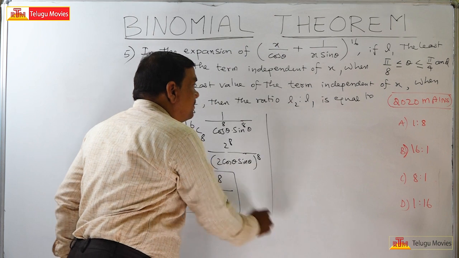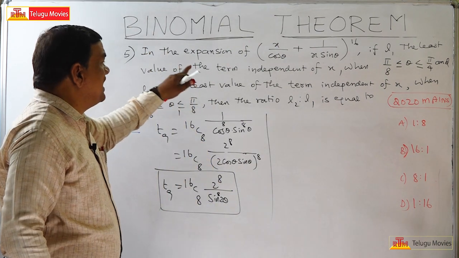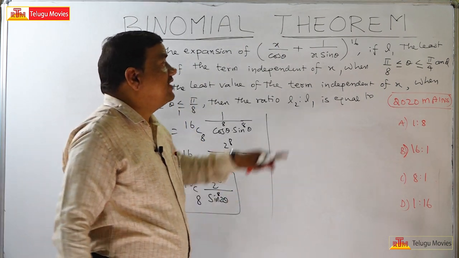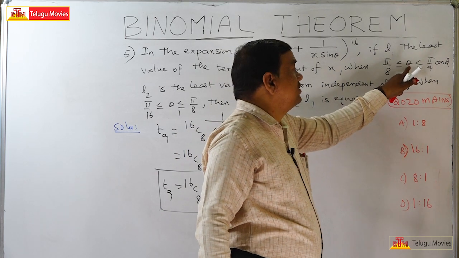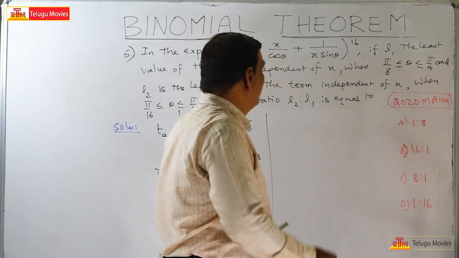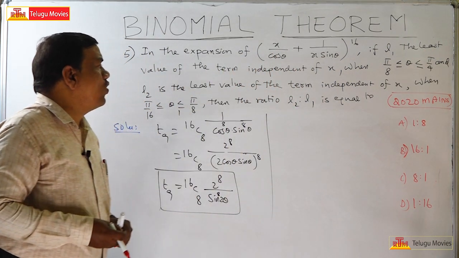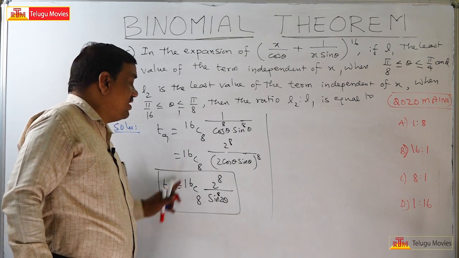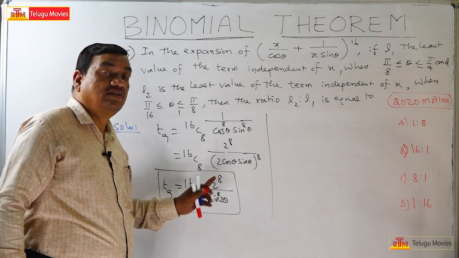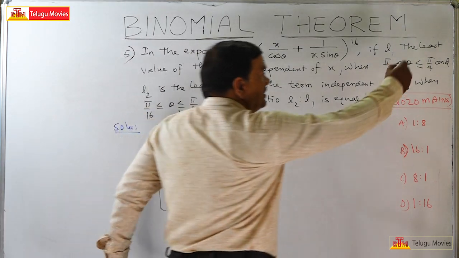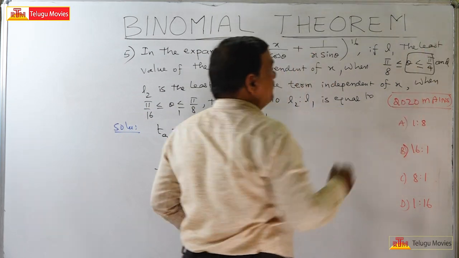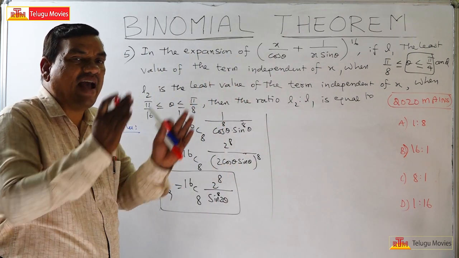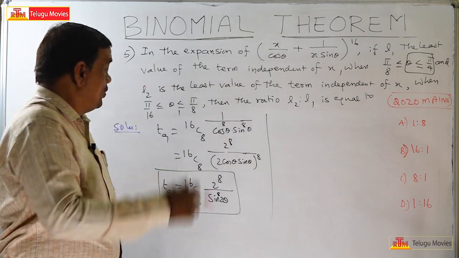Now see here. He is saying that L1 is the independent term when theta belongs to pi by 8 less than or equal to theta less than or equal to pi by 4. So the least value of the term is asked.